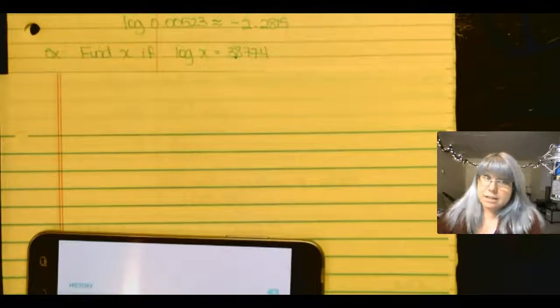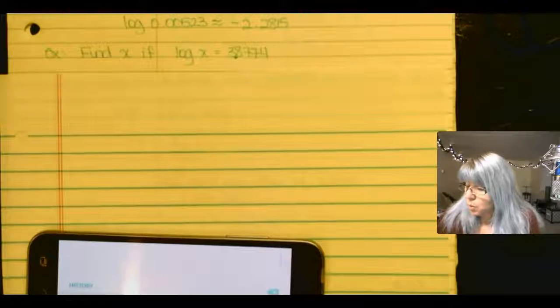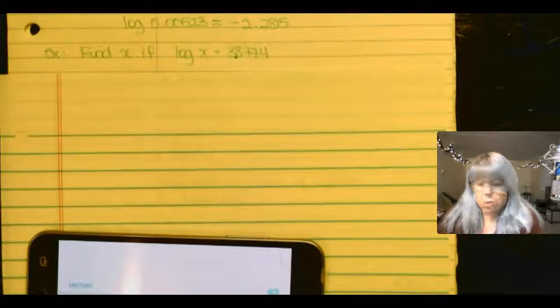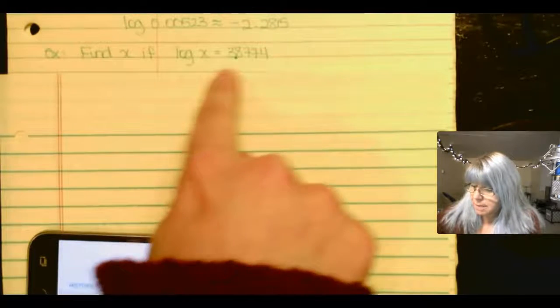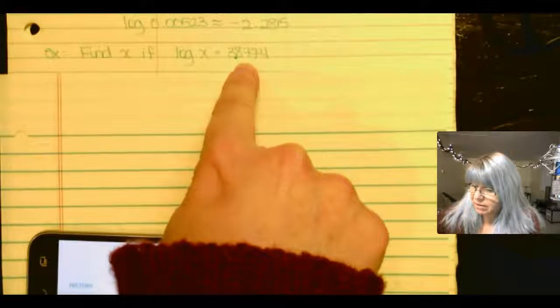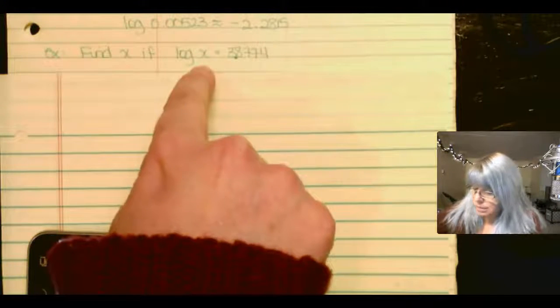All right, so let's find x if the log x equals 3.8774. Well, I can write this in exponential form. My base is 10. My power is 3.8774, and it equals x.